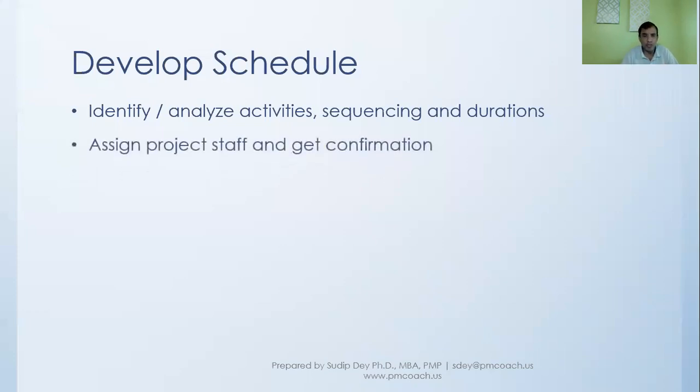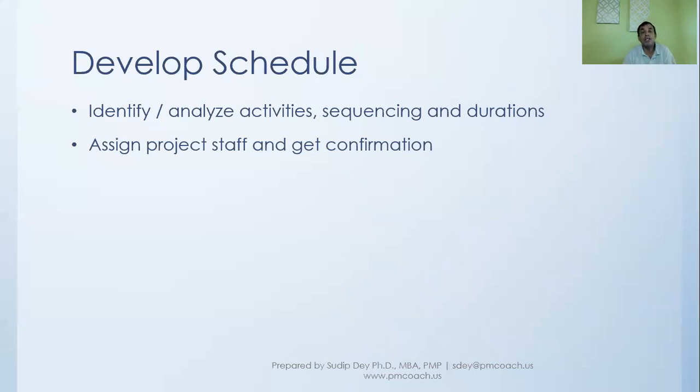Now once we make the schedule, or we determine the schedule, and when we are doing that, we would have also assigned project staff and gotten confirmation. In other words, when we are doing this, we would ideally know who is going to do what activity. And it is important that whoever the team members are who are doing these activities, they should buy into this information.